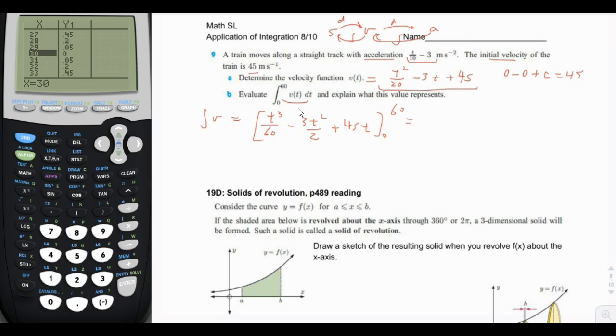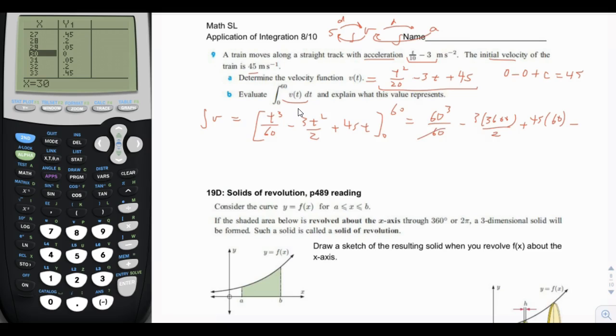So if we put 60 in there, we're going to have 60 cubed over 60 minus 3, and then 60 squared would be 3600 divided by 2, and then 45 times 60 minus, and then everything, when you plug 0 into that function, you just get 0 out.